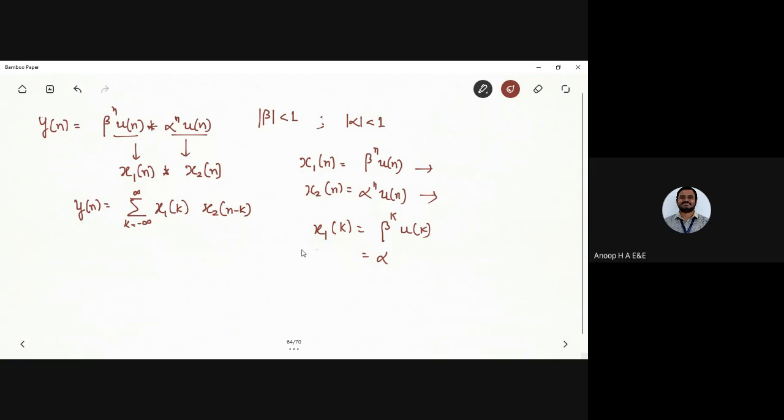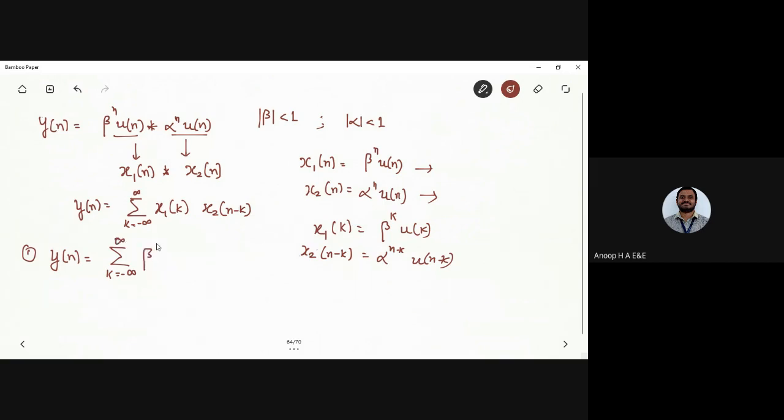I have x2 of n minus k, which I can write as alpha power n minus k u of n minus k. So these are the things to keep in mind, and I can write y of n equal to sigma k equals minus infinity to plus infinity x1 of k.